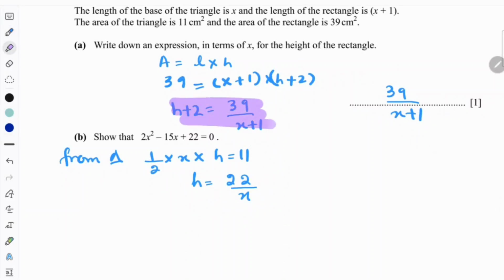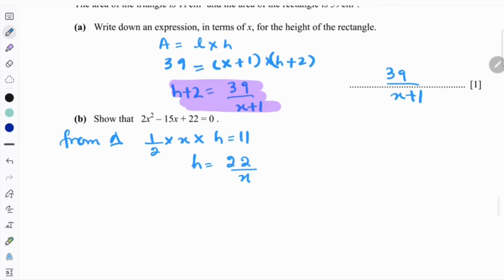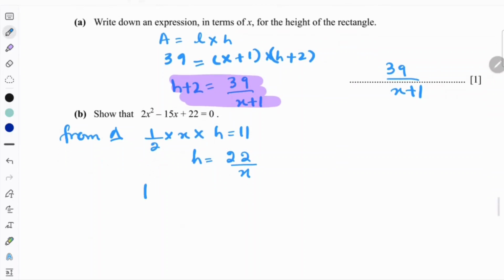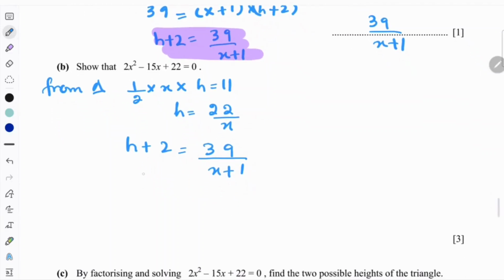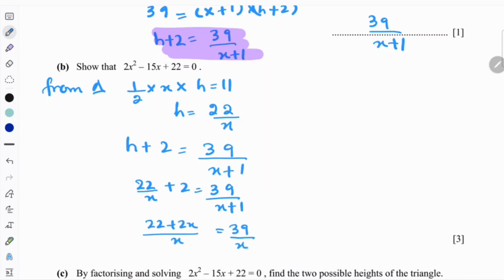We are substituting here: 22 upon x plus 2 is equal to 39 upon x plus 1. Simplify further: 22 plus 2x upon x is equal to 39 upon x plus 1.